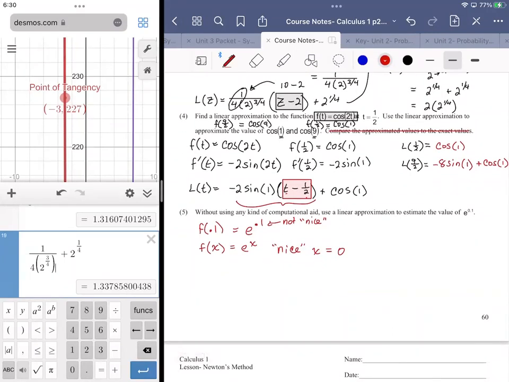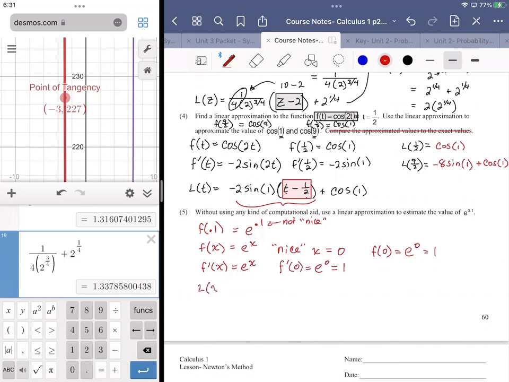So then what I would do is find the derivative of exponential e, which is e to the x, also nice. Evaluate my original function, f of 0 would be equal to e to the 0th, which is 1. f prime of 0 would also be e to the 0th, which is 1.